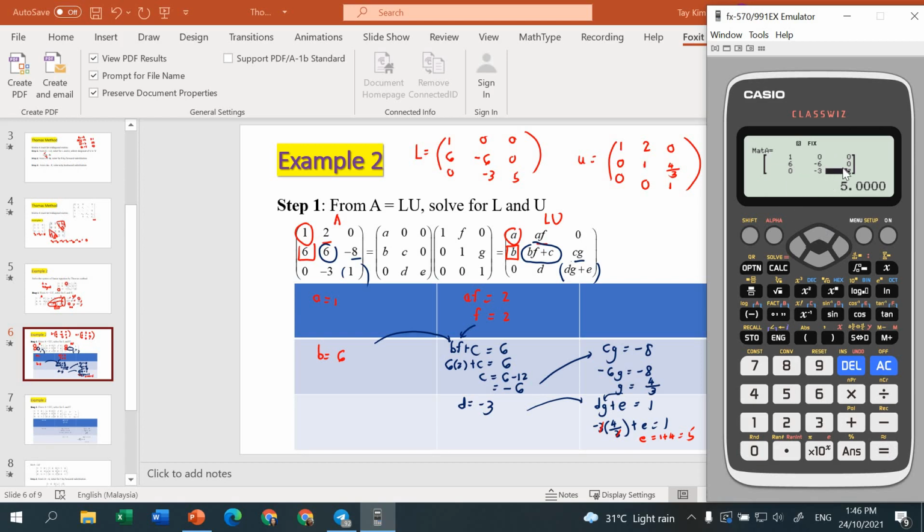L is 6, 0, 0, negative 6, negative 3, 0, 0, 5. I key it in as matrix A in the calculator. It's option number 1, define matrix. Now key in U as matrix B, choose option 2, 3 rows, 3 columns. This model supports up to 4 by 4. 1, 2, 0, 0, 1, 4, 5, 3.